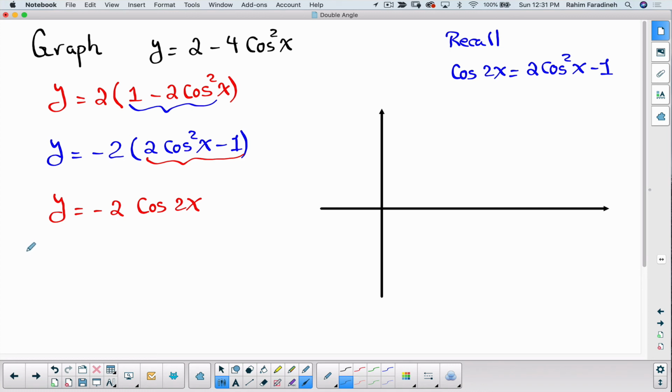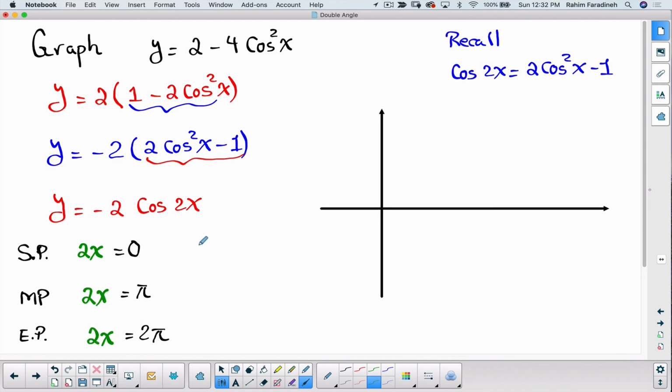Now for the regular graph of cosine, the starting point x begins at 0. The middle point will be x equal to pi. And for the ending point, we're going to reach 2 pi. And that gives us one complete graph of one period of cosine. But our argument here is 2x. So we're going to go ahead and solve for x.